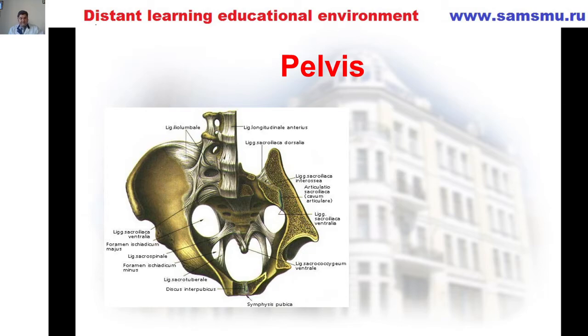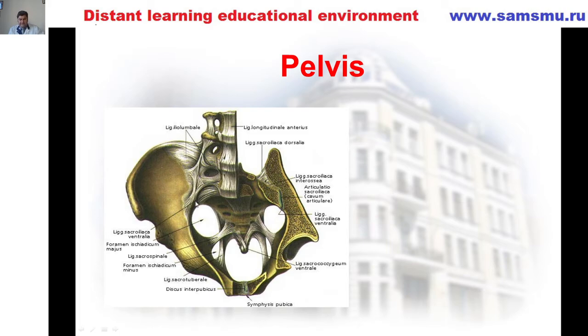The joint is strengthened also by other ligaments connecting the sacrum and the ilium: anteriorly by the anterior sacroiliac ligaments. You may see these ligaments on this picture too.